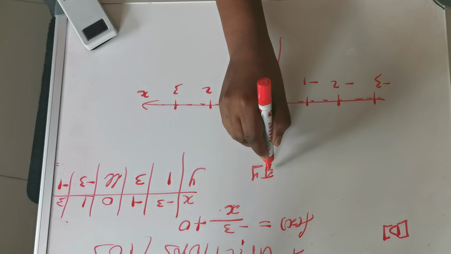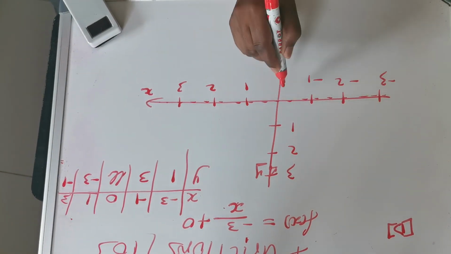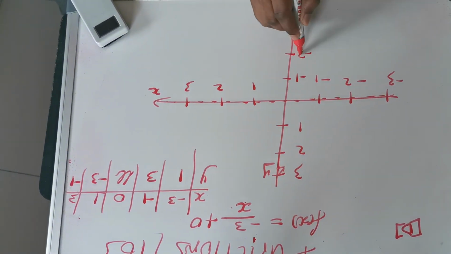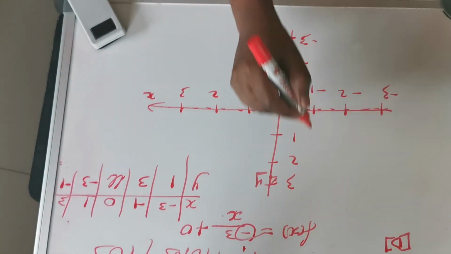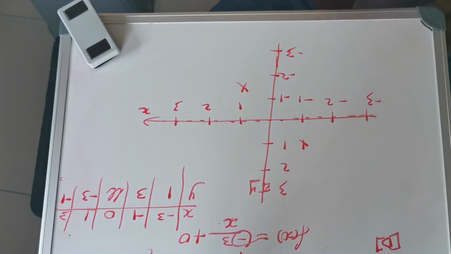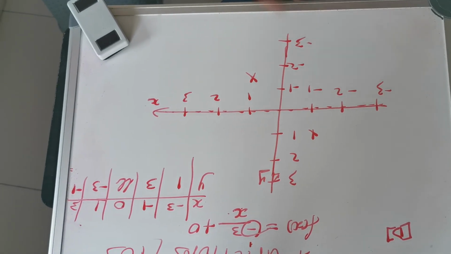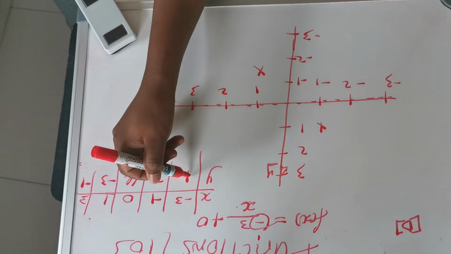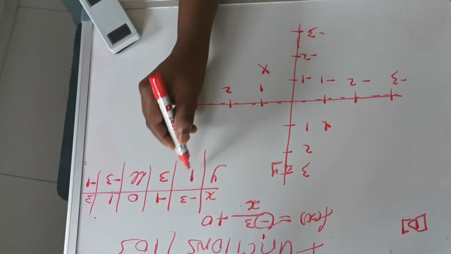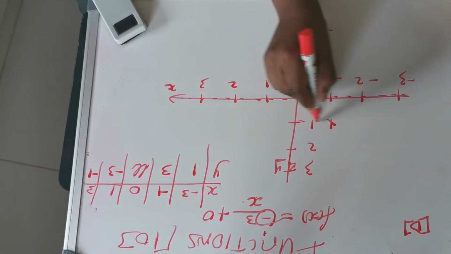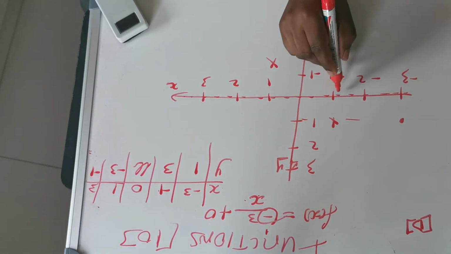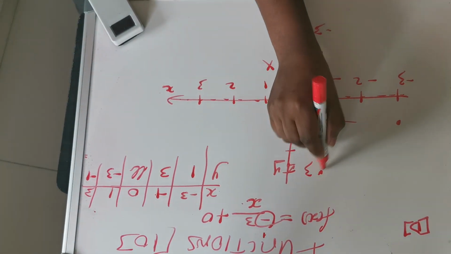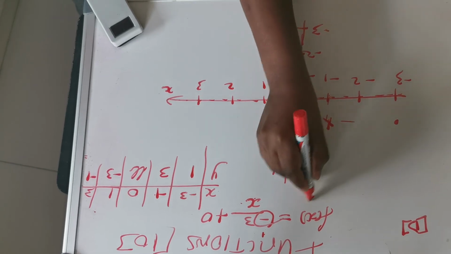But since this one is negative, we expect our curve to be in these two quadrants, which are the second and the fourth. Let's check this one. When your x is minus 3, your y is 1. There is 1, there is 3. Good. When this one is negative 1, this would be 3. Yes, our curve is here.